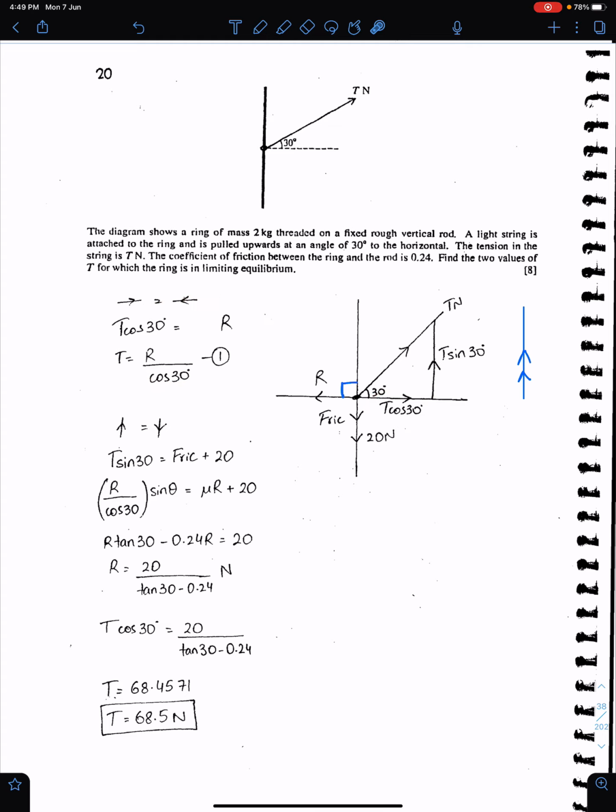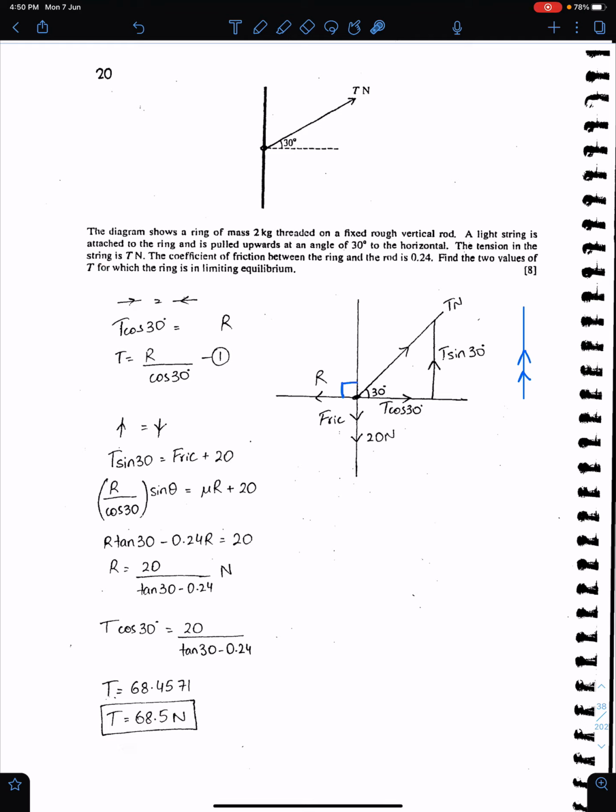And we are considering that ring is moving in upward direction or about to move in upward direction. So T sin 30 is equal to friction plus 20. About to move means limiting equilibrium. So this is equal to sum of these two. So with the help of these two equations, we can get the values of T. We can get the value of T in fact.